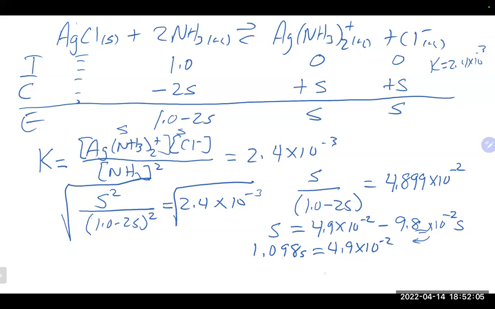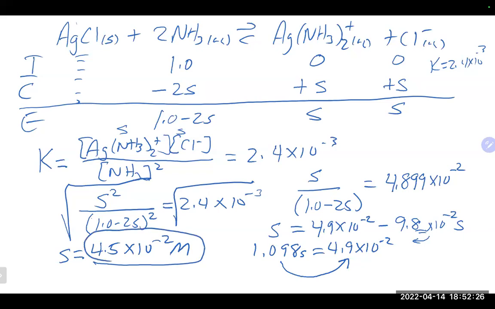We're going to divide by the 1.098, and that will give 4.9 times 10 to the minus 2 divided by our answer, and will give us a molar solubility of about 4.5 times 10 to the minus 2 molar. And that would be the molar solubility of silver chloride in ammonia. First off, any questions on the calculation?